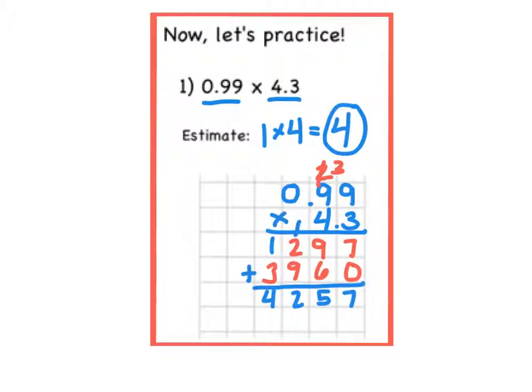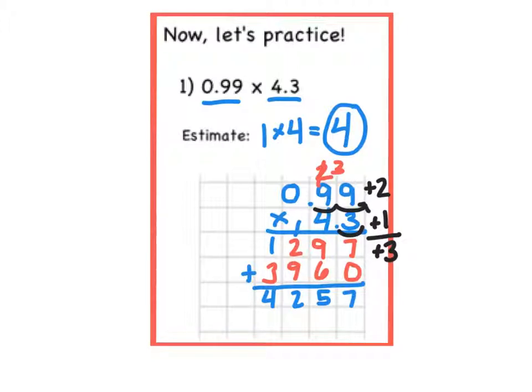But now it's important that I add my decimal back into the problem. So according to my instructions, if I look at my first factor here, I have 1, 2 spaces to the right of the decimal. And if I look at my second factor here, I have 1 space to the right of my decimal. And if I add those two together, that's going to give me a grand total of 3.